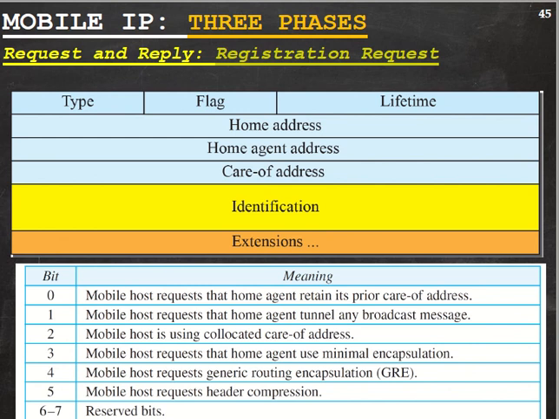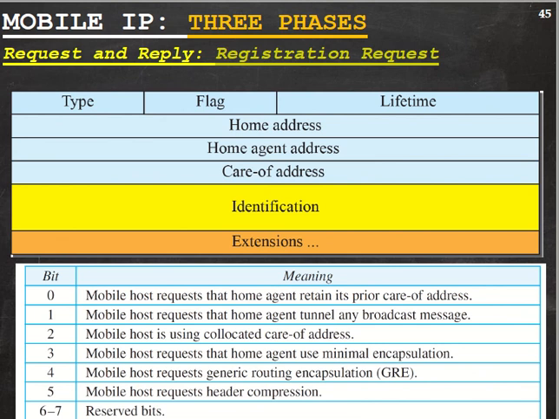If that bit is 5, it indicates the mobile host requests header compression, and if it is 6 or 7, then they are reserved bits. So based on this particular bit in the flag, different operations can take place.